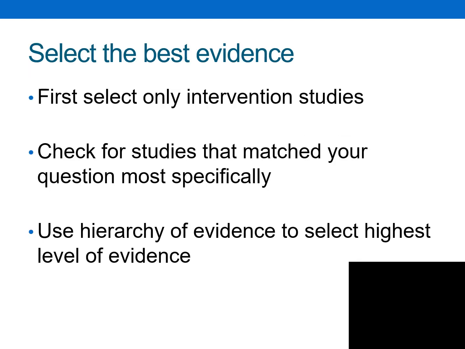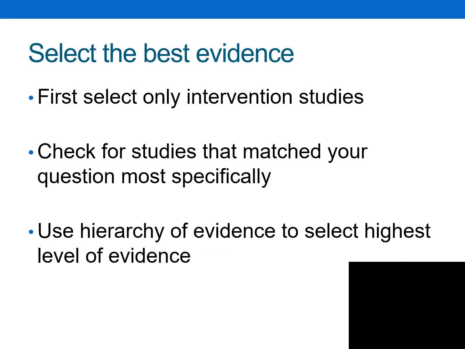After you find the papers, all the papers as a result of your search, first select only intervention studies. If your aim is to find papers related to intervention studies, for example, you want to see the effects of any equipment or any electrotherapy equipment, then you need to find the intervention studies. Number 2, check the studies.